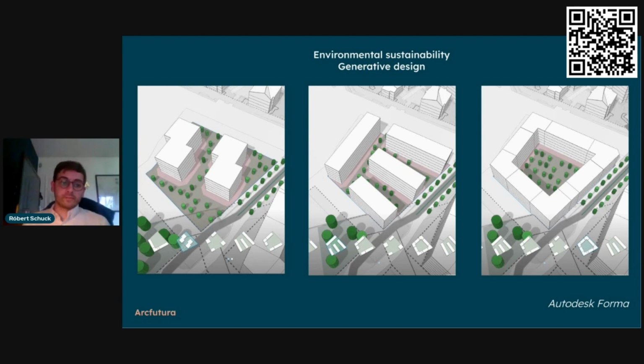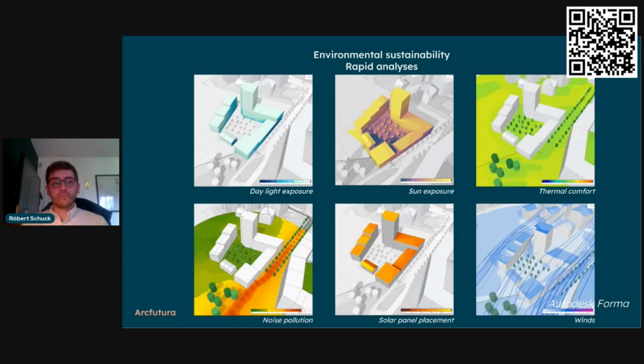Tools like Autodesk Forma have the capability to generate many design iterations rapidly, like within a few seconds, which is already quite impressive. But where its biggest use in sustainability comes is that it can create rapid analyses.